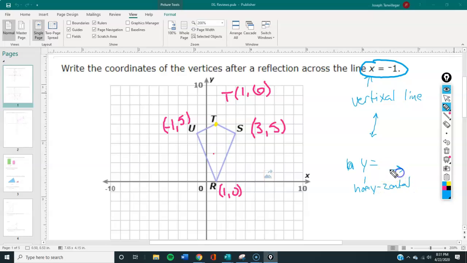So it goes like this. Because it's x equals, it goes up and down. And I go to the point -1. So I go over to -1. There's going to be a line right here.